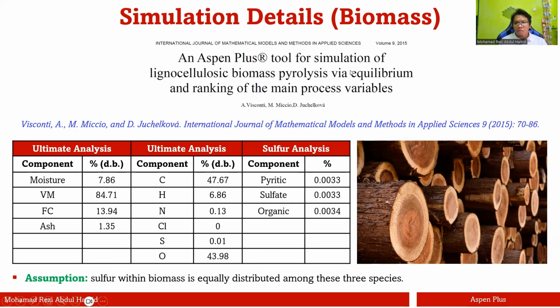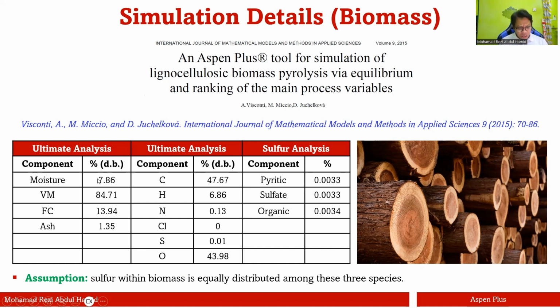What are the information that I get from this paper? The first one is the ultimate analysis. These are the proximate analysis, correction, ultimate analysis, as well as sulfur analysis. The proximate analysis, percentage dry basis: we have volatile matter 84.71, fixed carbon 13.94, and ash 1.35.